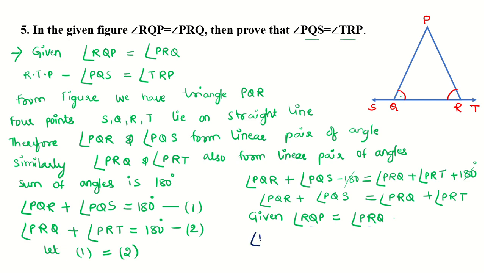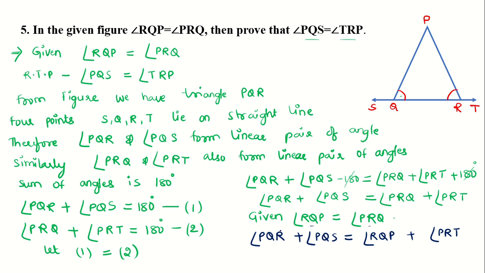Now you will get angle PQR plus angle PQS is equal to angle RQP plus angle PRT, as it is given that angle RQP is equal to angle PRQ. In the place of PRQ, we substituted angle RQP.